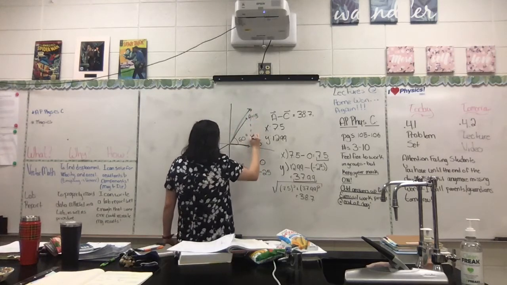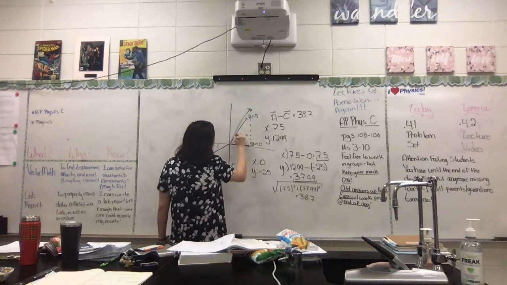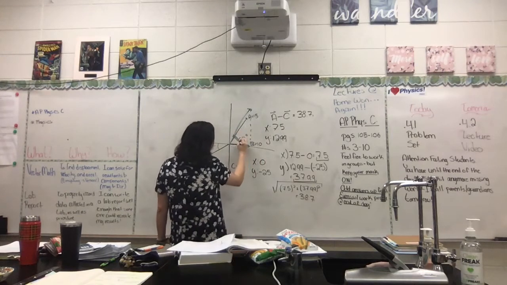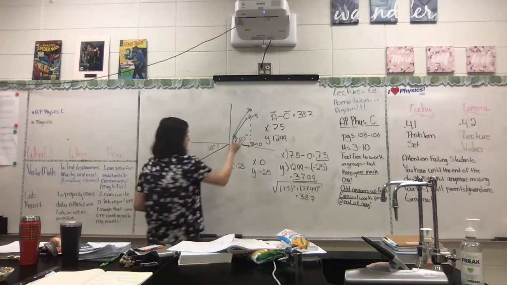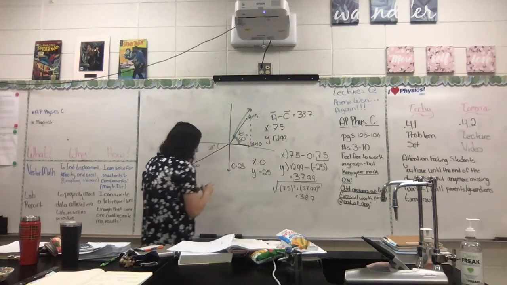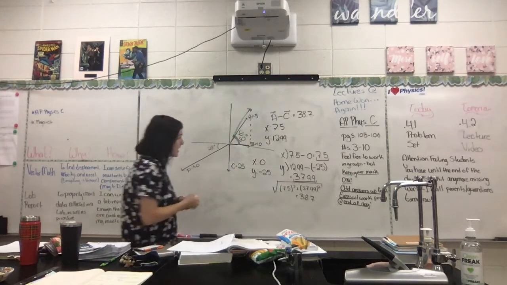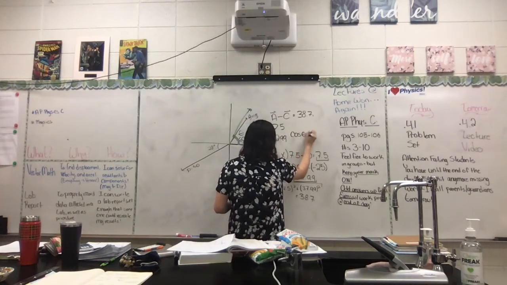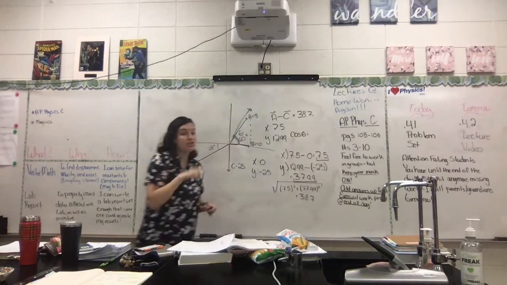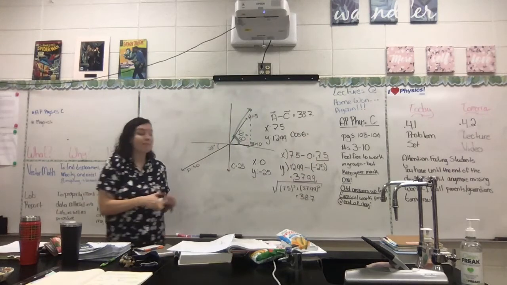That means that if we're looking for this angle, let's say we want to use cosine, okay? Well, if we decide to use cosine, cosine of theta is equal to the adjacent over the hypotenuse.